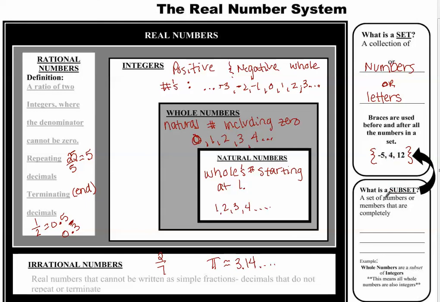What is a subset? A set of numbers or members that are completely contained within another set. For example, whole numbers are a subset of integers. This means all whole numbers are also integers.